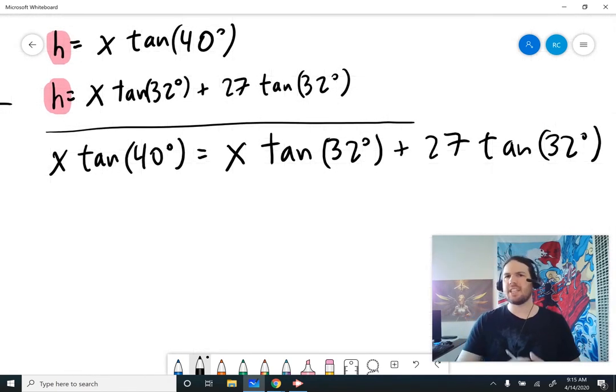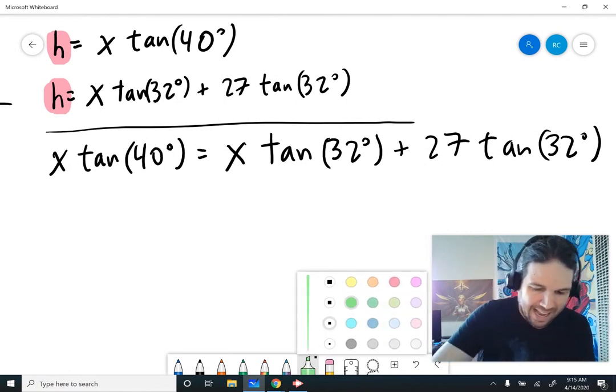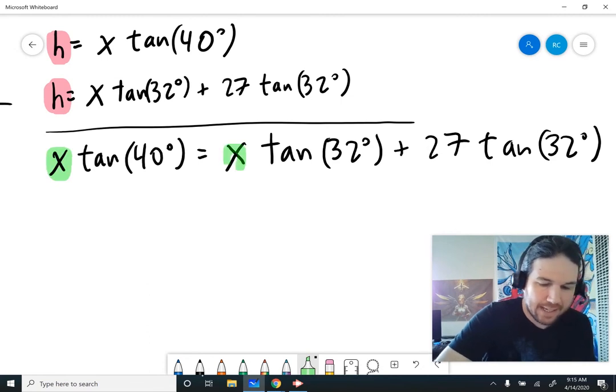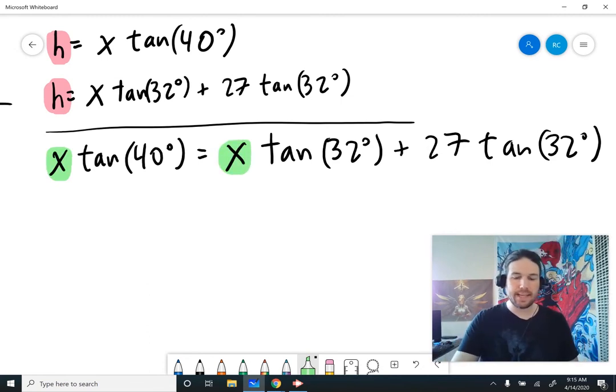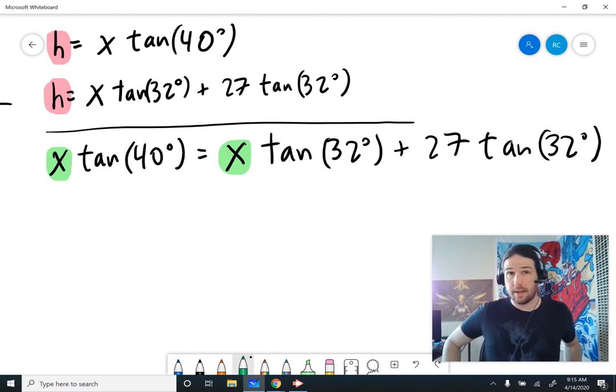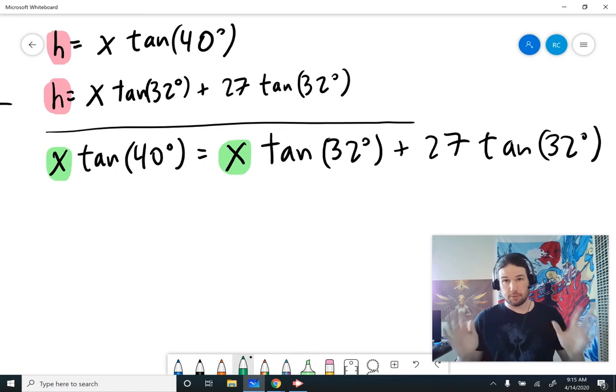Now, solving for x here seems like it's really difficult, but it's not. You see how I have an x here and an x here? I want to get those x's on the same side of the equal sign. Now we're going back to algebra here. This is kind of integrated math 1 stuff, but it's a complicated application, so stay with me.